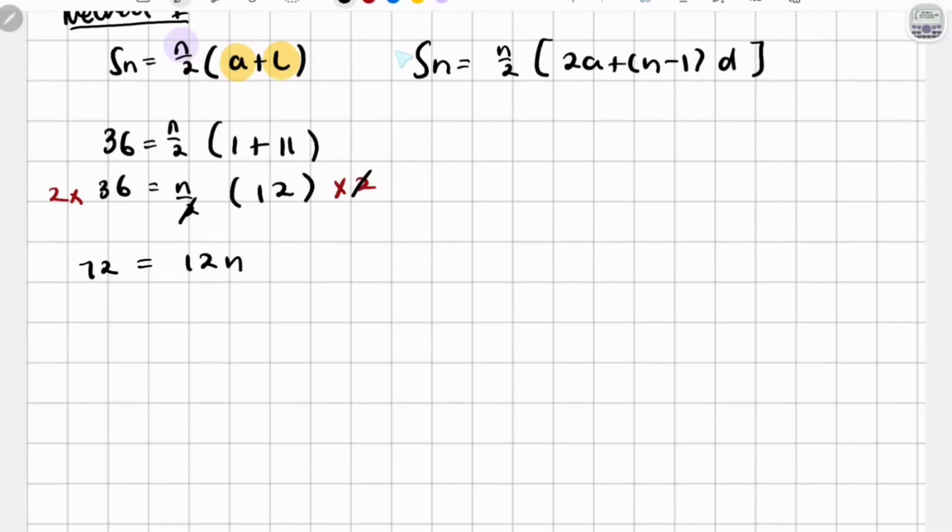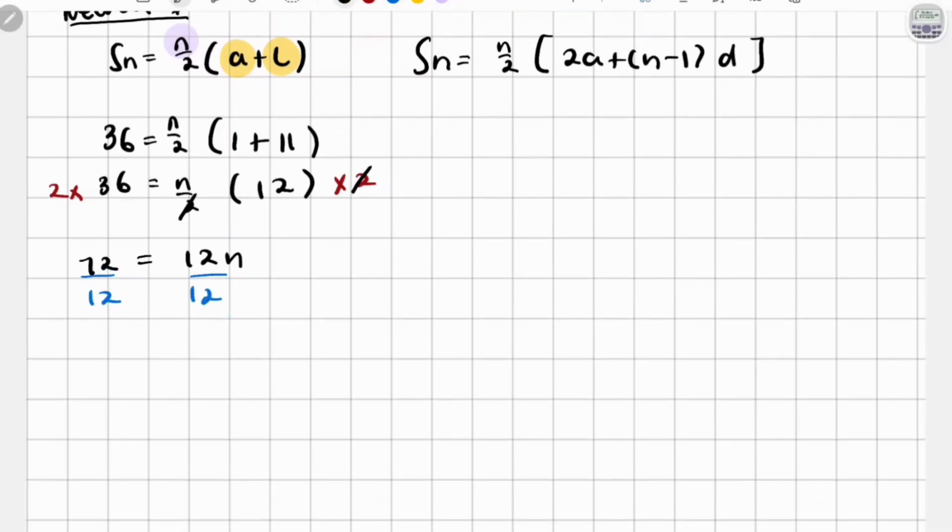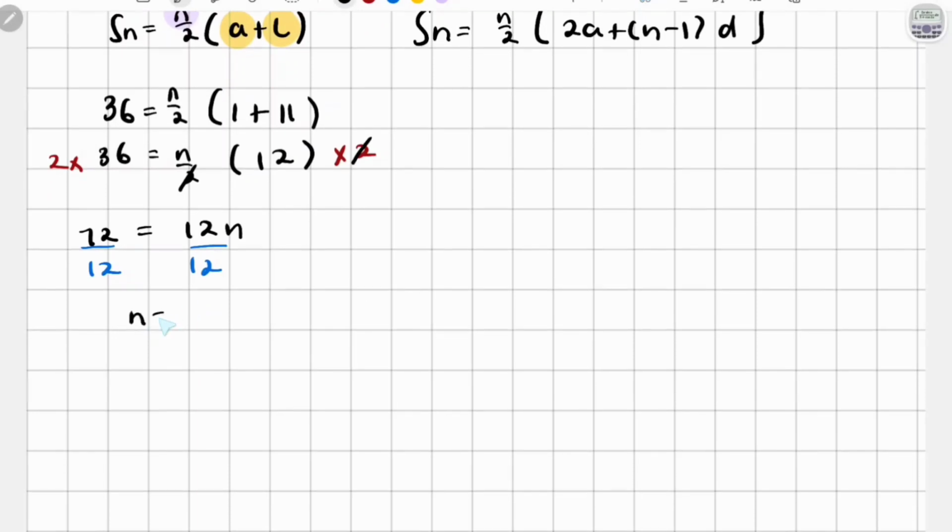Now we can just go ahead and divide both sides by 12, so n is finally equal to 6, because 72 divided by 12 is 6. So n is equal to 6. And now that we have n, we can use it in the second formula.